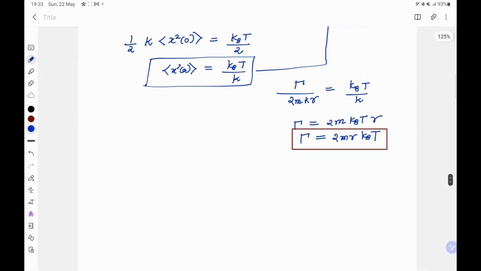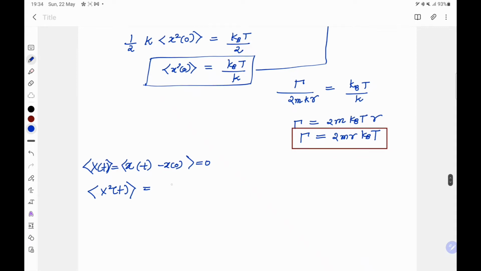Okay, now let us look into what is the mean square displacement. So what will be the displacement? Let us define displacement as x(t) minus x0, and naturally the average of x(t) will be 0, but the mean square x square(t) will be non-zero, and we are finding this value here, x(t) minus x0 whole square.